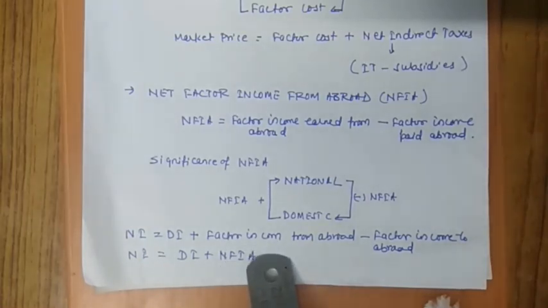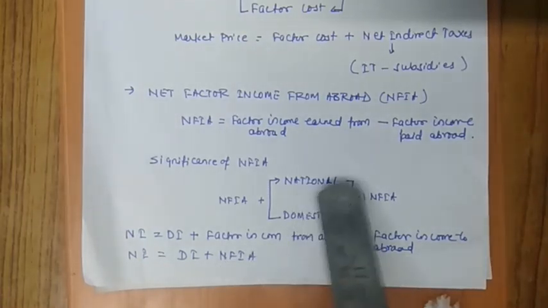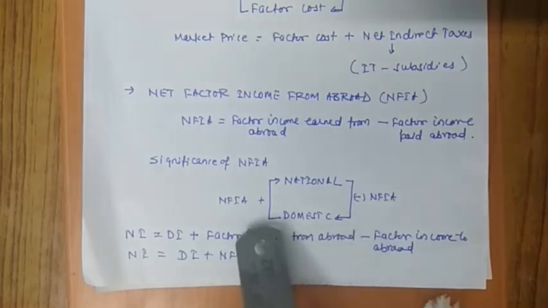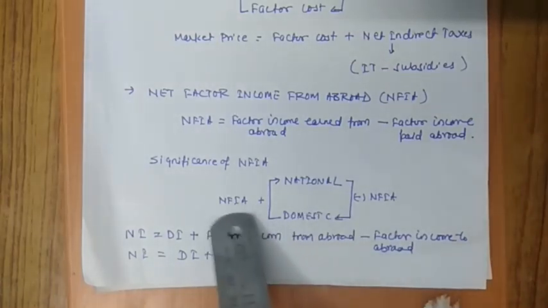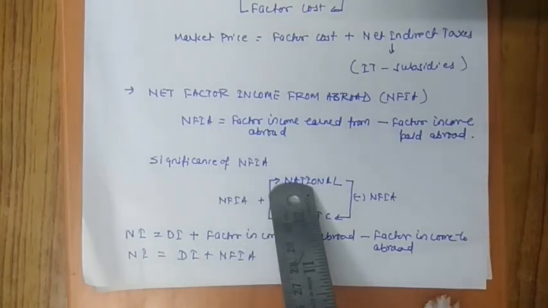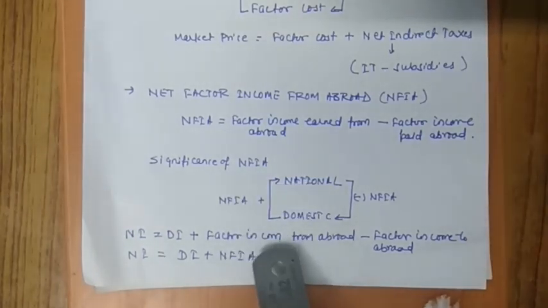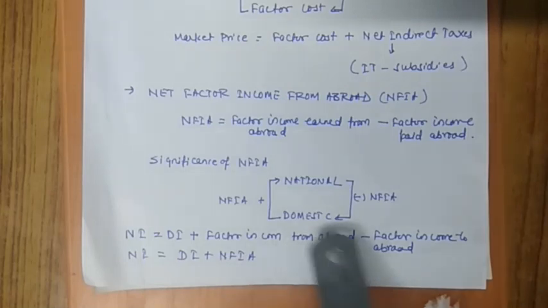Here a question arises. You will notice here national income and domestic income. When you add NFIA to domestic income, you get national income. So the question arises, is national income always greater than domestic income?